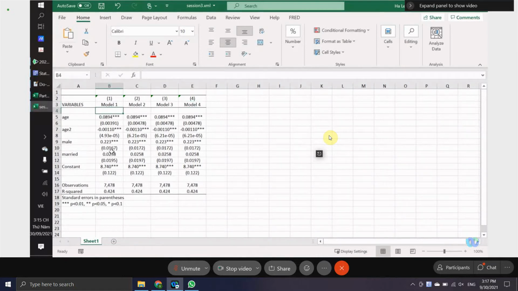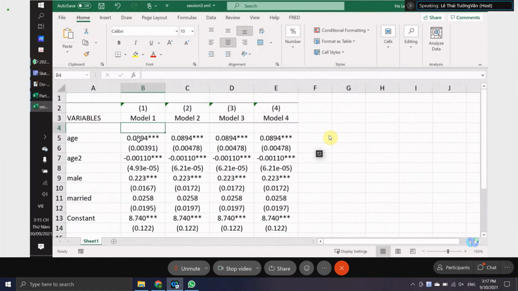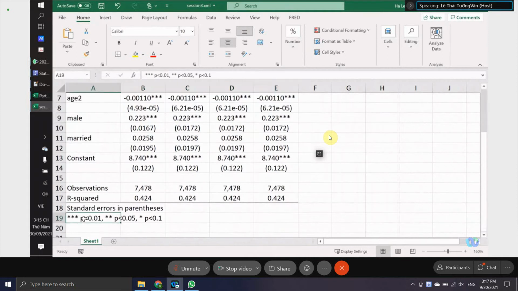See? Model 4. And then the variables, the coefficients are on the first line, and the 3 stars indicate that the coefficient is significant at 1% level, p is smaller than 0.01.